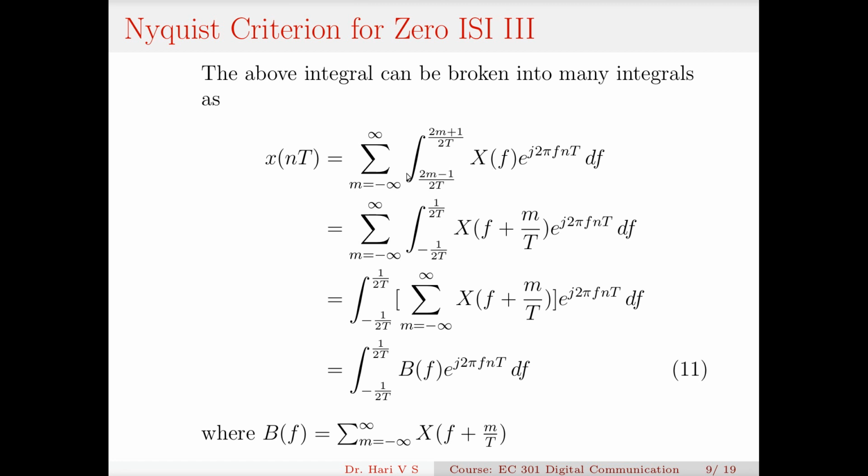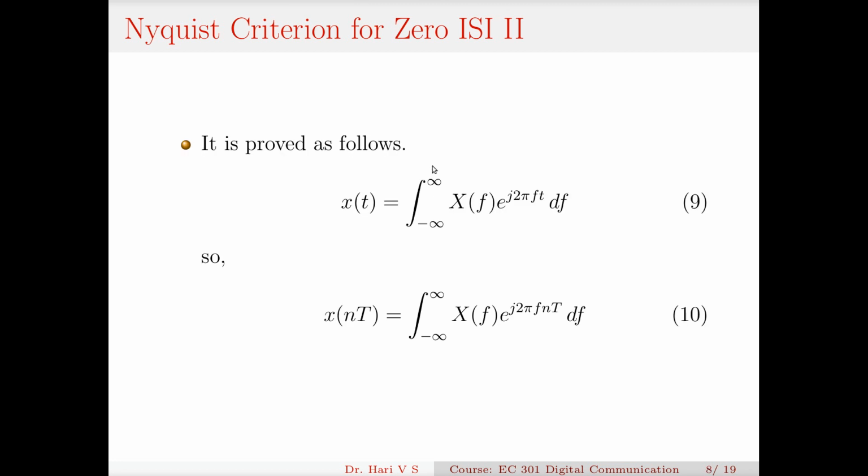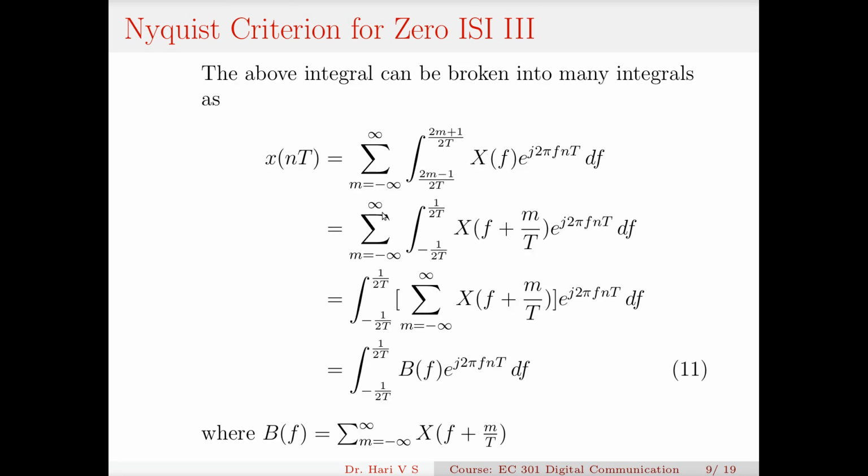Then I sum up for all possible values of m from minus infinity to infinity, so that this summation of integrals is nothing but my good old integral. I can move this m to here, so that this becomes X(f plus m by T) e raised to j2 pi f nT, so that the limits change to minus 1 by 2T to plus 1 by 2T.